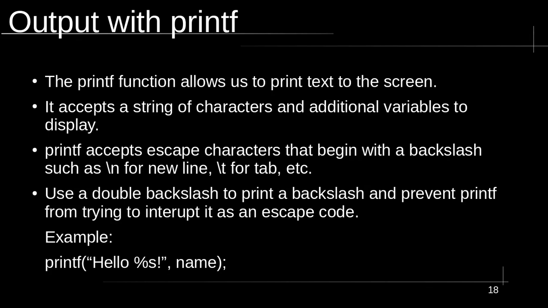The printf function also accepts additional parameters that allow you to place markers where you want values of variables to be printed. You indicate this with a % sign. %d means you want to print an integer, %f for floats, and %s for a string of characters. Here in the example, you can see that %s is used as a placeholder for the string called name, which is passed to printf as the second parameter.